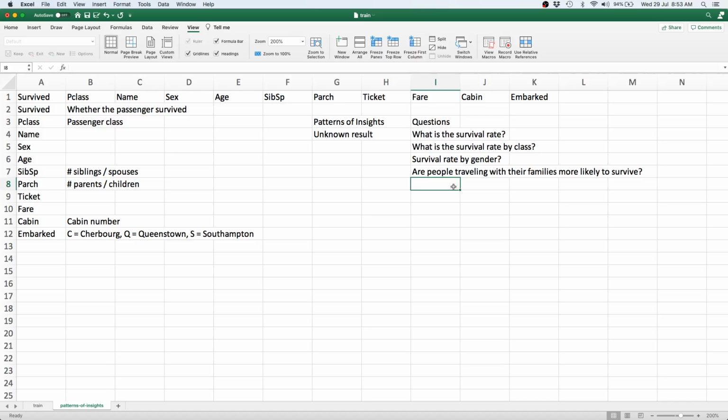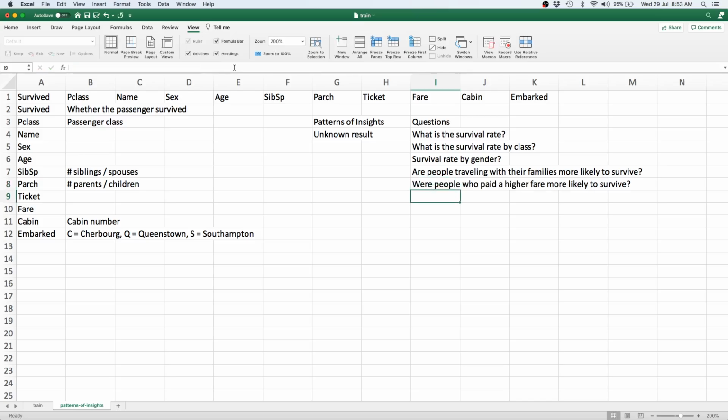So that's it. Those are broadly a few general questions that we can ask. Oh, and we also have the fare as a variable, which is how much the ticket had cost. So we can also ask something like, and this is basically an extension of the survival rate by class problem, given that we have fare, were people who paid a higher fare more likely to survive?